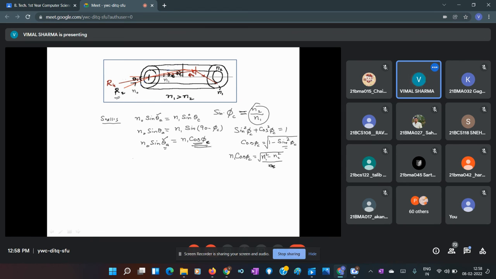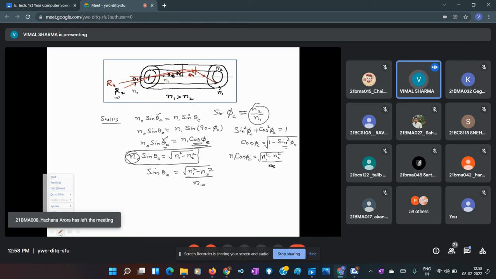So I can rewrite my relation using this as n0 sine theta a equals under root n1 square minus n2 square. And what is n naught? We can write this as sine theta a equals under root n1 square minus n2 square divided by n naught, which I have from here.